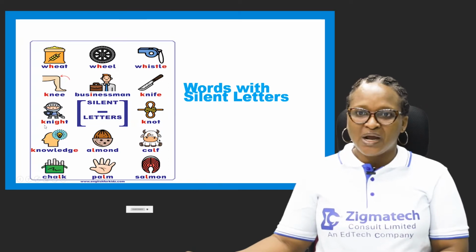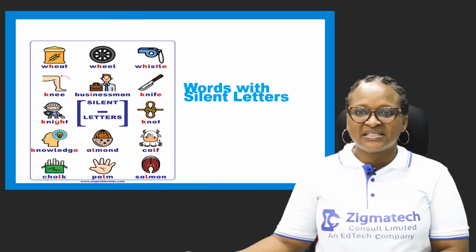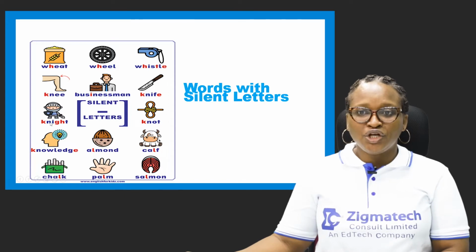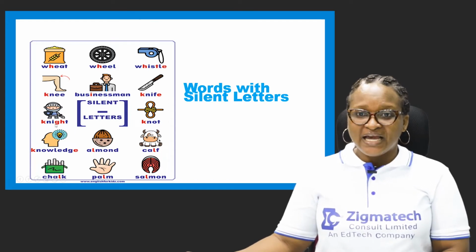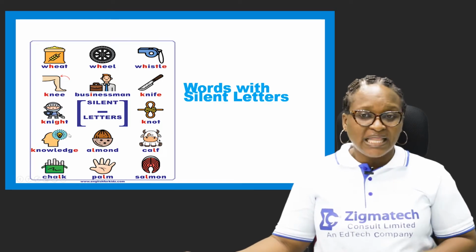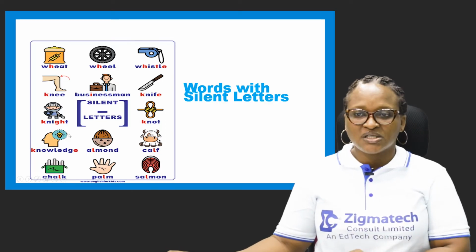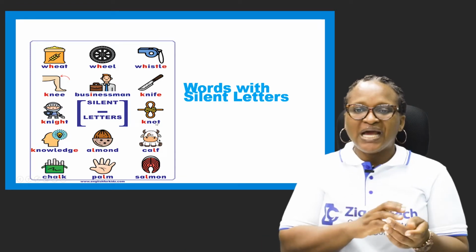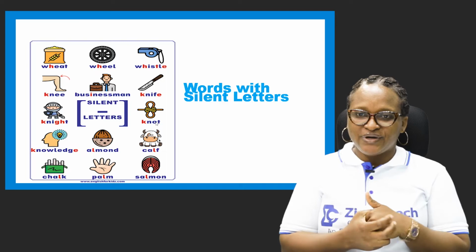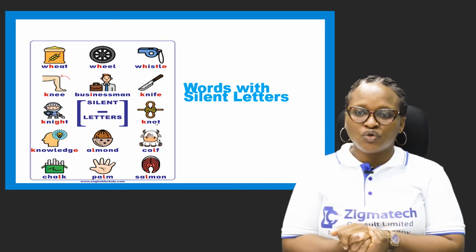K is also not pronounced. That's why night is a homophone of knight, N-I-G-H-T, because they sound alike, but have different spellings and meanings. Now we have knot, to tie something, to knot it. We have knowledge. The K is not pronounced. E is also not pronounced.